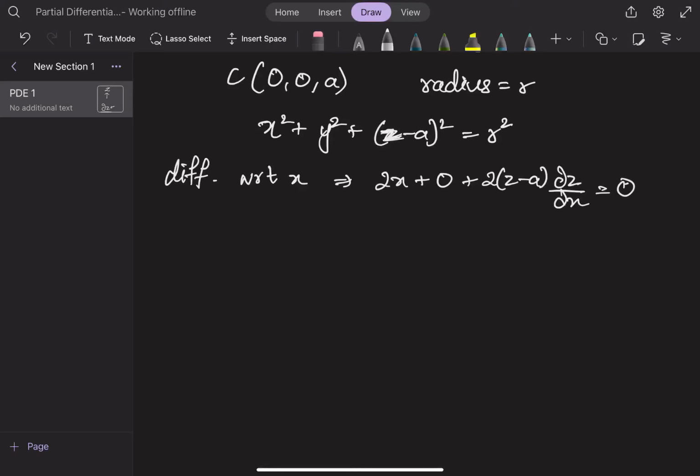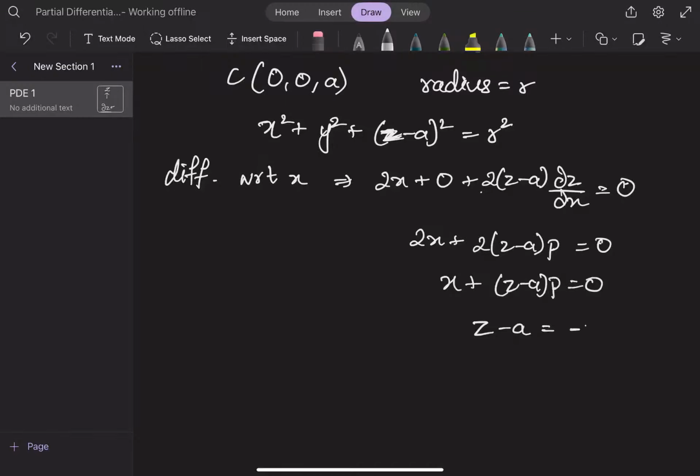So we cannot treat z as a constant. So here I've applied chain rule, twice of z minus a times del z by del x. So you get 2x plus 2z minus a p is equal to 0. That means x plus z minus a times p is equal to 0, which means z minus a is minus x by p.